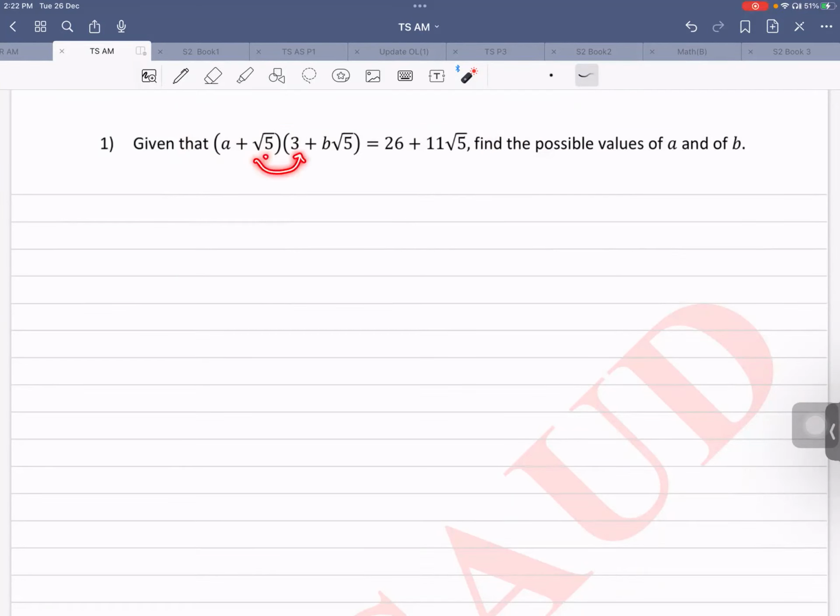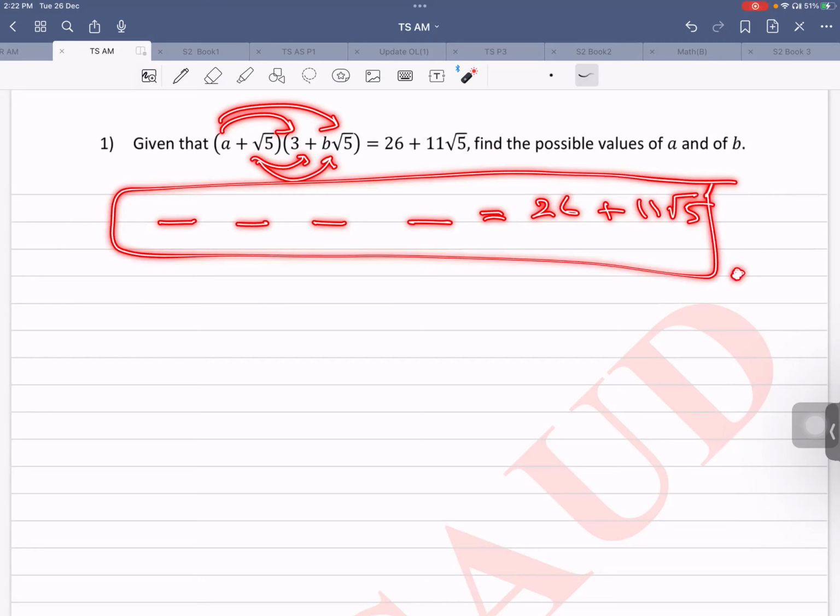Couldn't you send one of the brackets to the denominator of the other side and then rationalize that way? So how would it help me in finding the value of A and the value of B? It wouldn't.